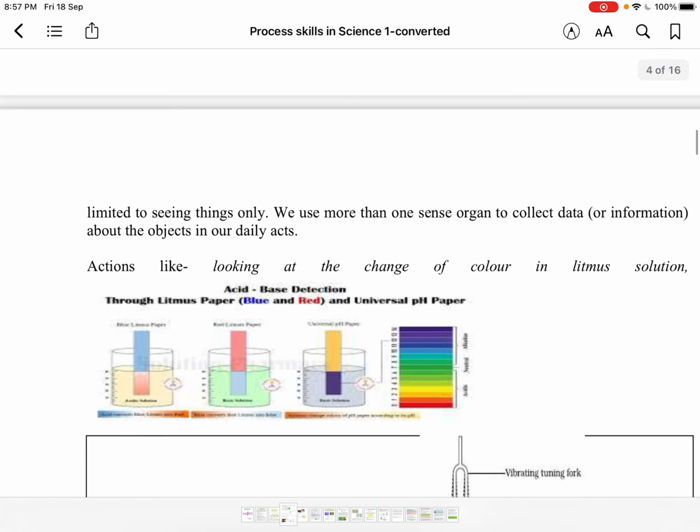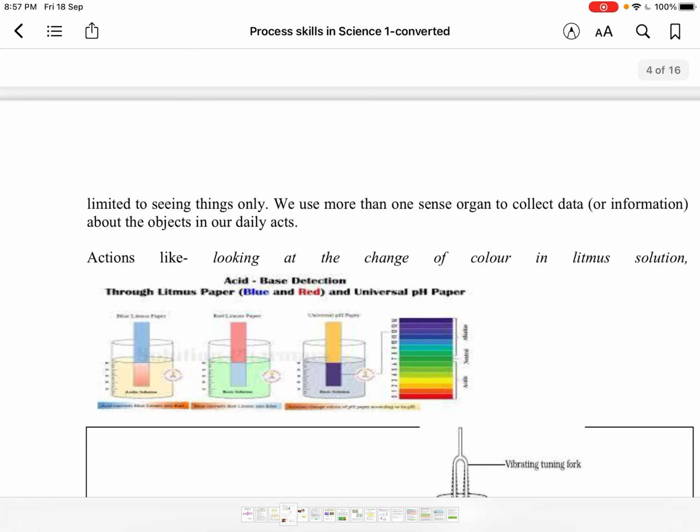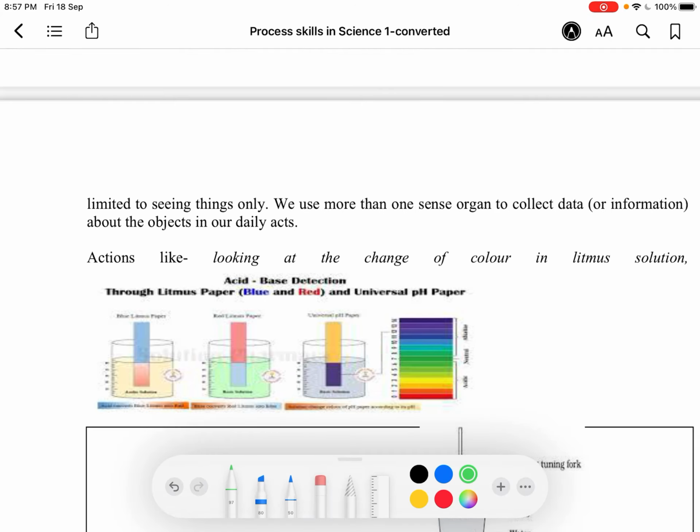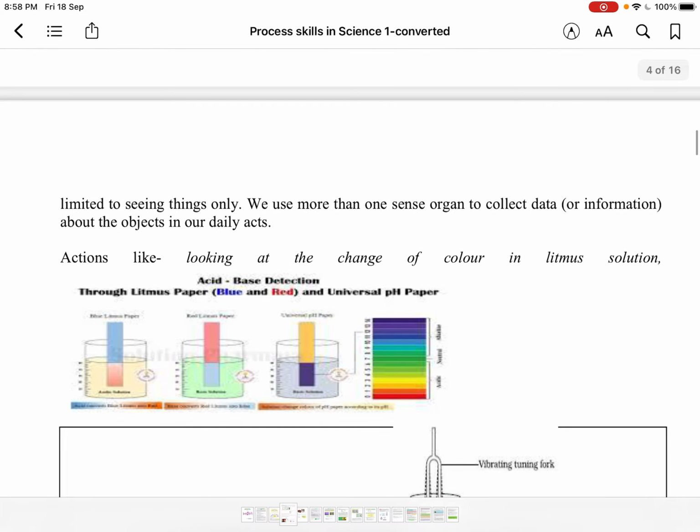I already told you that here not only one sense organ is involved. All our 5 sense organs are involved. Like in this example, you can see looking at the change of the color in the litmus solution.